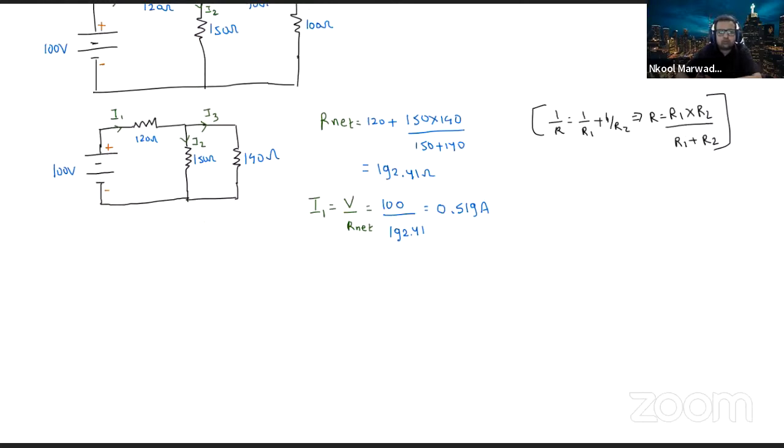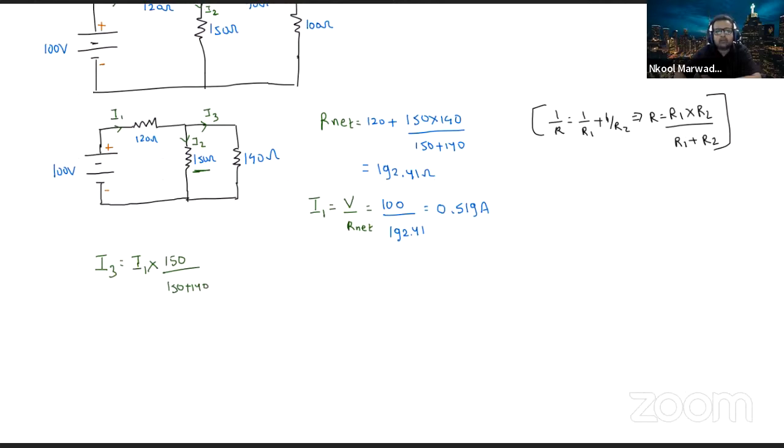So now one formula I am writing, very important. I3 will be the total current flowing, that is I1, the total incoming current I1, into the resistance on the other side, that is 150, upon the total resistance, like 150 plus 140. So this technique you should remember.